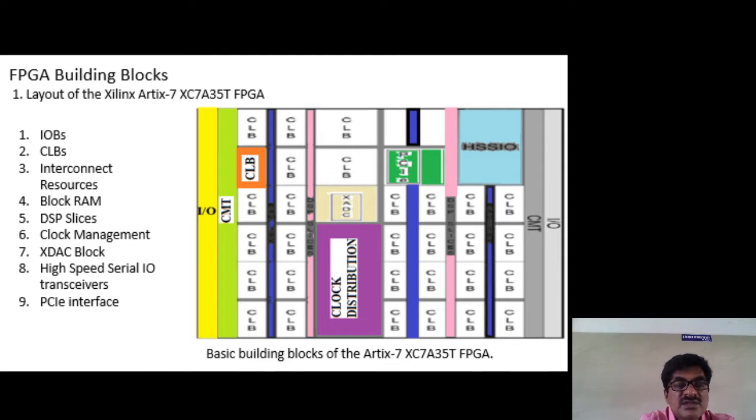Whatever the FPGA, in general, the building blocks are, here is the slide showing 9 different blocks. Usually these 9 different blocks you can observe in almost any type of FPGA. Those are IOBs.